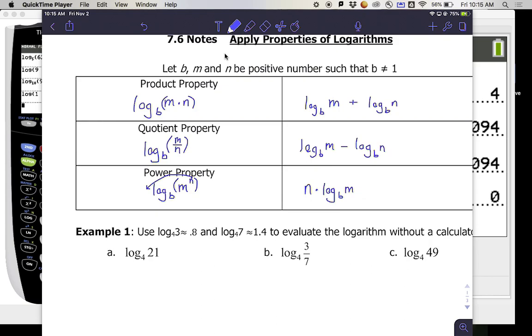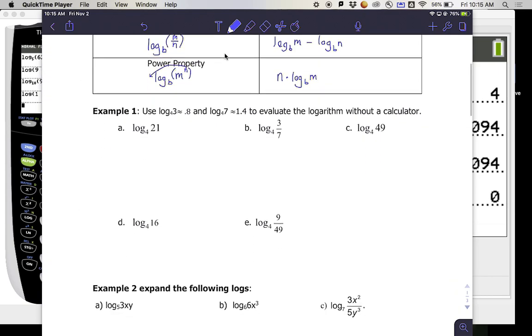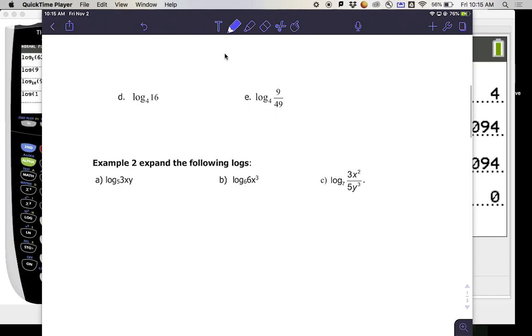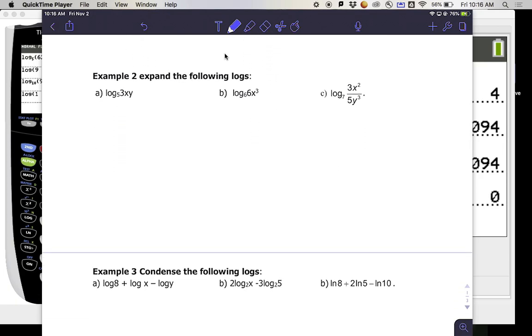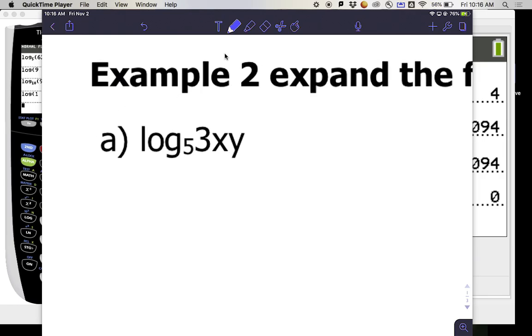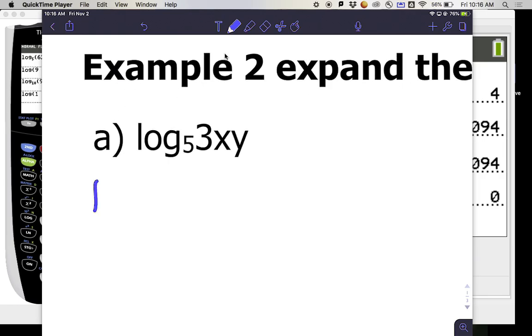Okay, so before we do these problems, I'm actually going to jump into expanding and condensing logs. What that basically means is we're going to take a single log and write it as a couple of separate logs. So like with this one here, we'll say log base 5, and since you have three things you're multiplying, 3, x, and y, you're going to have three separate logs.